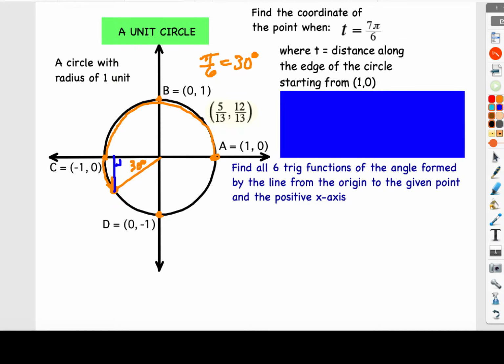And remember that a 30-60-90 triangle has side lengths of 1, 2, and the square root of 3. Only remember, this is a circle of radius 1, so I can't call that 2. I need to divide by 2. I need that radius to be a 1. If I divide one side by 2, I'm going to divide all sides by 2.